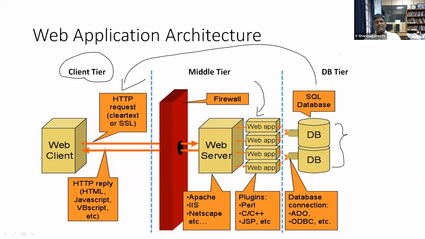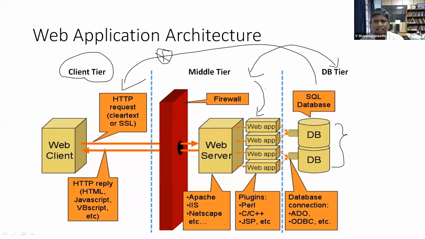The connection is established between the client and the server, and the communication is separate. There are no two communications interlinked. A session is maintained, and once the session is established, there is continuity between the client and the server, and always the communication is between the middle tier and the DB tier. There is no direct communication between the client tier and the DB tier. It never happens. It is only between the middle tier and the DB tier.